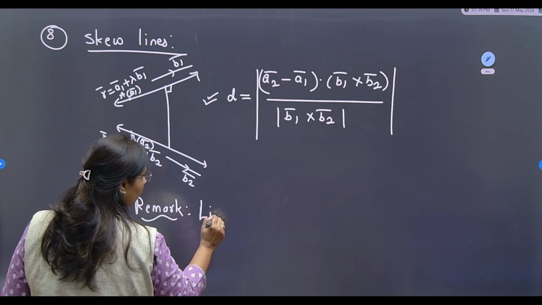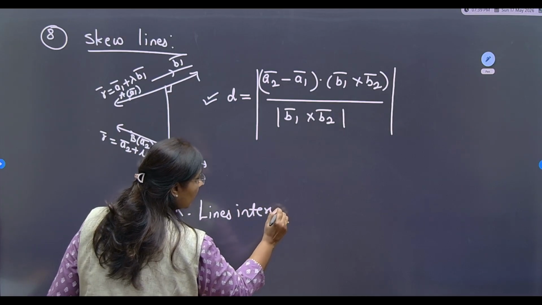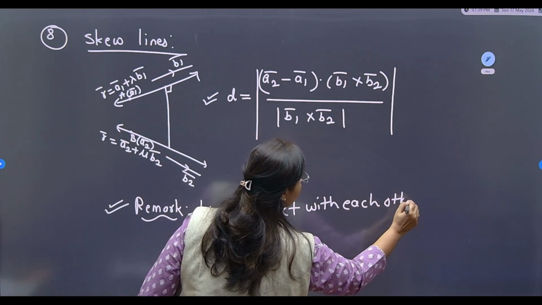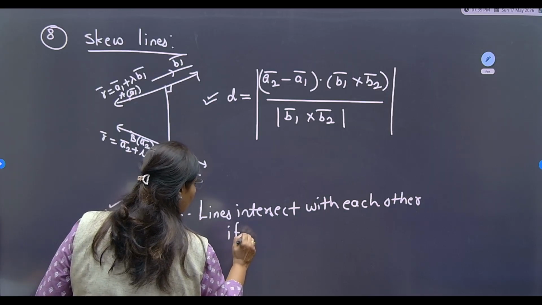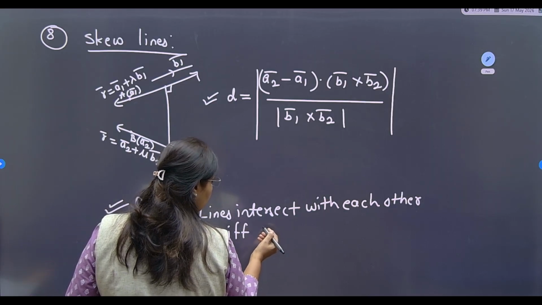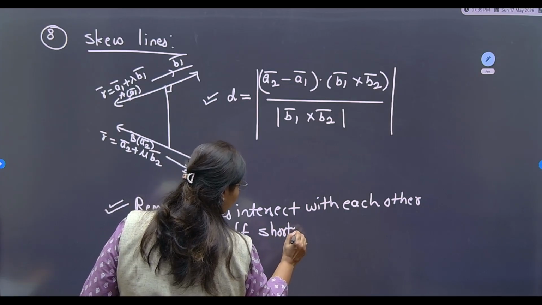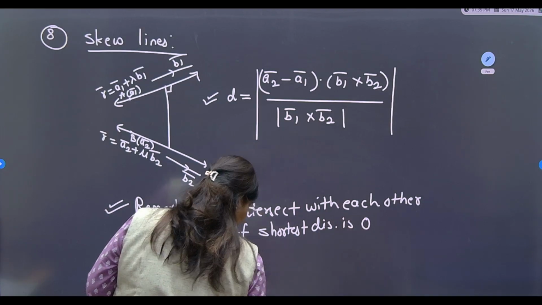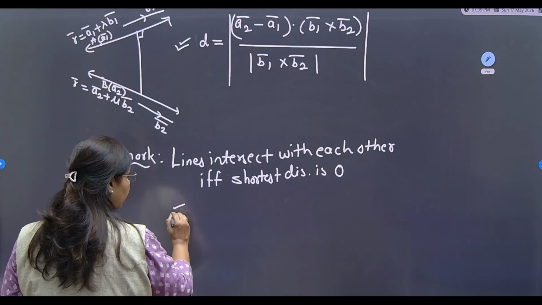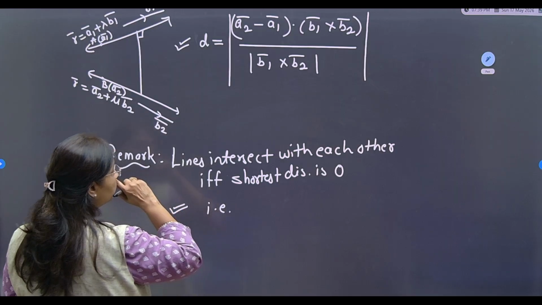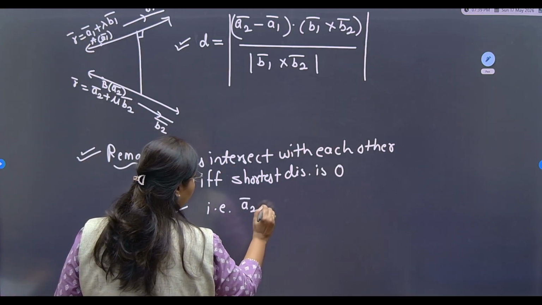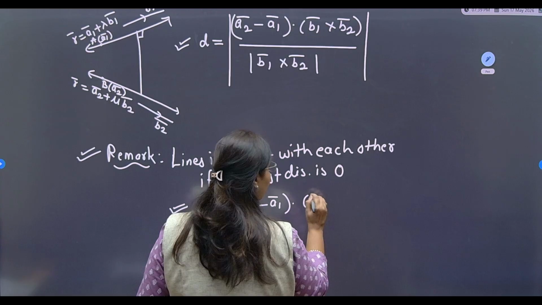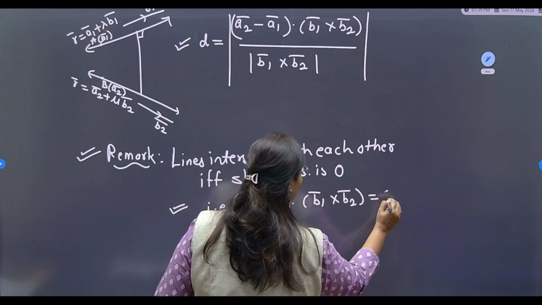lines intersect with each other if and only if the shortest distance is equal to 0. And if the shortest distance is equal to 0, then (A2 bar minus A1 bar) dot (B1 bar cross B2 bar) equals 0.